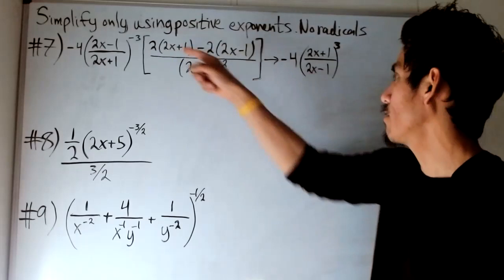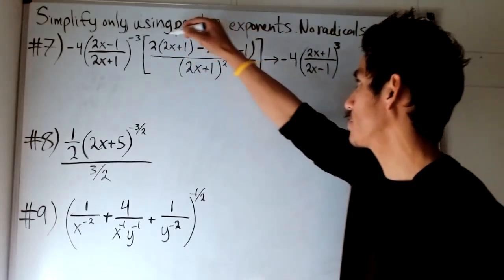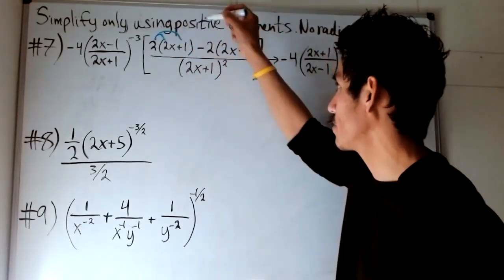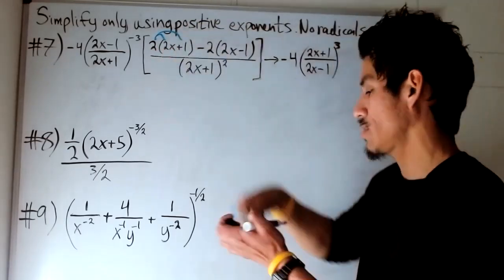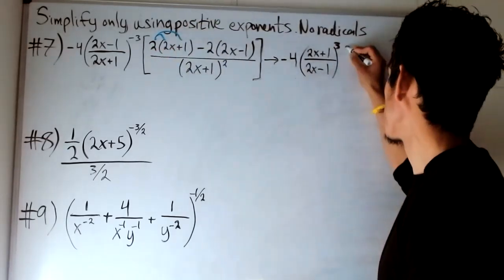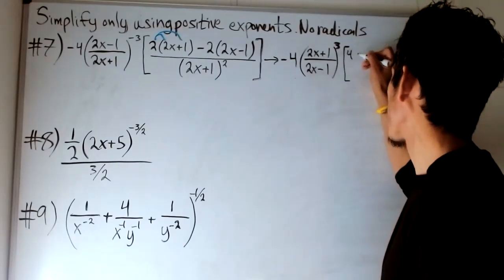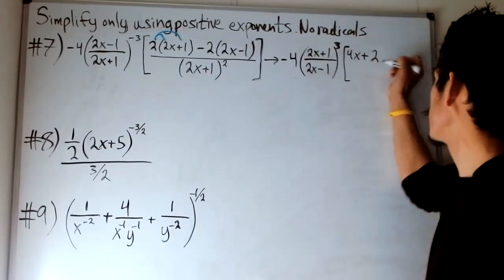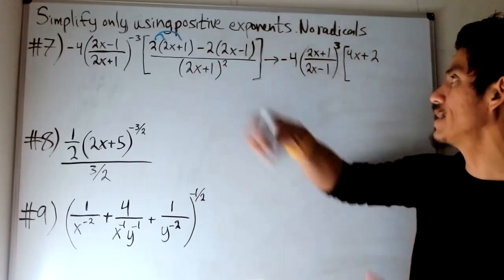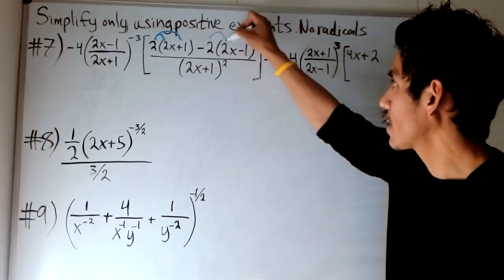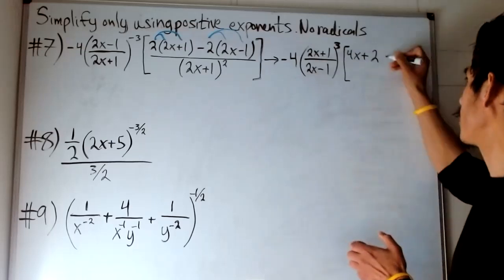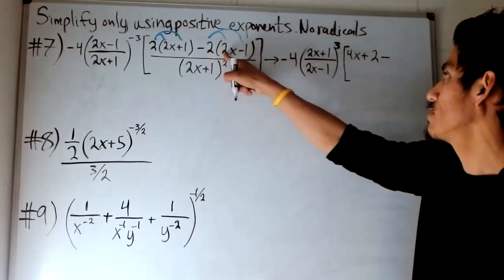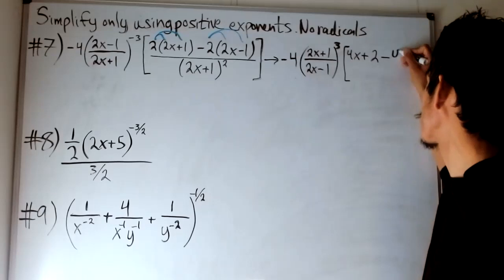Here, let's now break it down by distributing to make it a little easier to work with. So we have 2 times 2x plus 1. That just becomes a 4x plus 2, minus a 2 times a 2x minus 1. So that becomes a minus 2 times 2x, so minus a 4x.